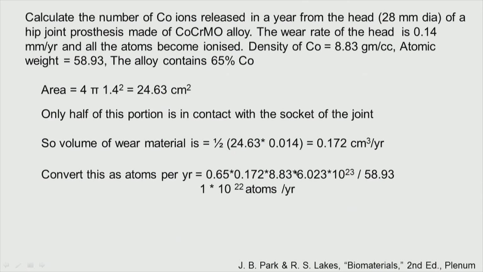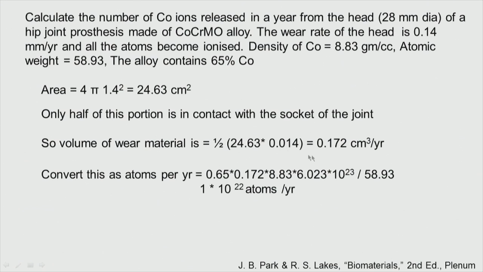Density of cobalt is 8.83, and then you know this is the Avogadro number 6.023 10 power 23 divided by atomic weight is 58.93 here, okay, because we are converting that into mole. So that gives you 1 into 10 power 22 atoms of cobalt per year. Understand? So volume of the prosthetic is this much, 65% is cobalt, so we multiply by 0.65.